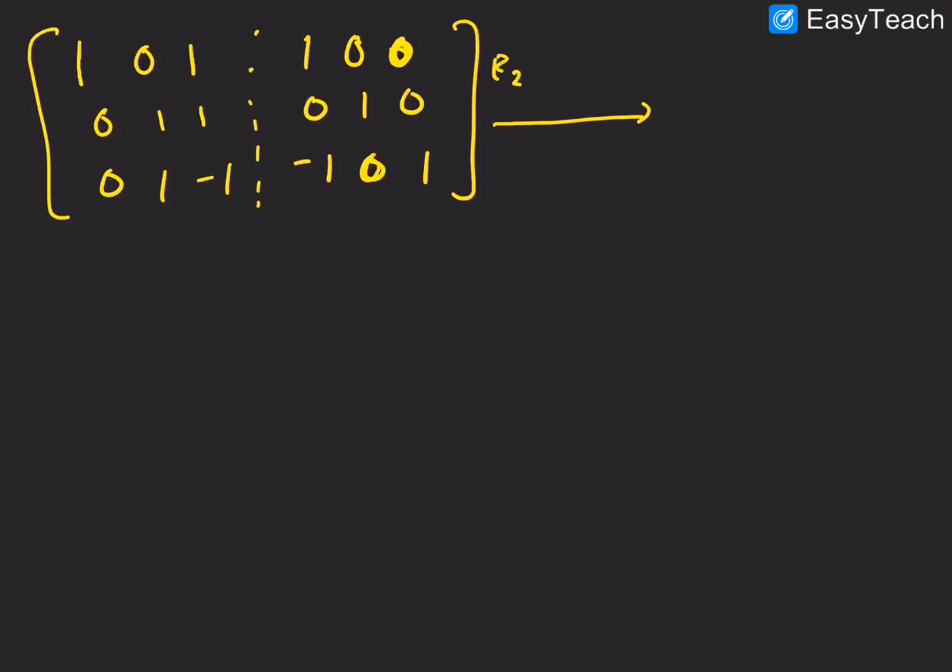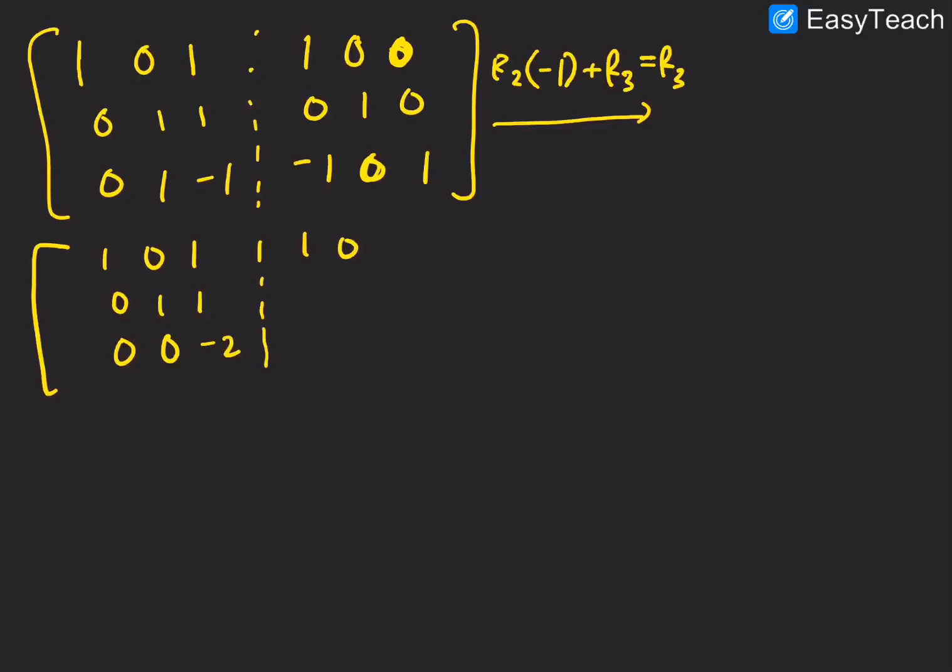That's going to be R2. We're going to multiply that by -1 and then add it to R3, and we're going to get a new R3. I'm going to put that below this one. That's going to be 1 0 1, 0 1 1, 0 0 -2, and 1 0 0, 0 1 0, -1 -1 1.